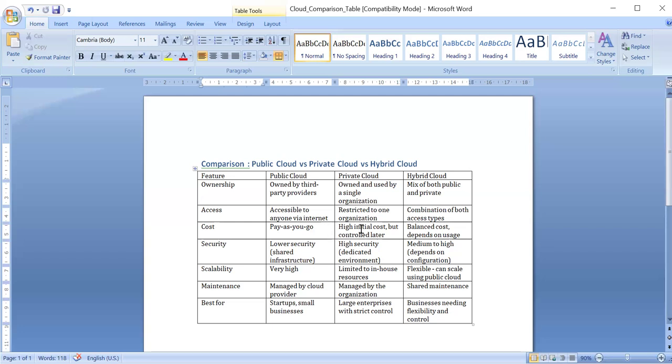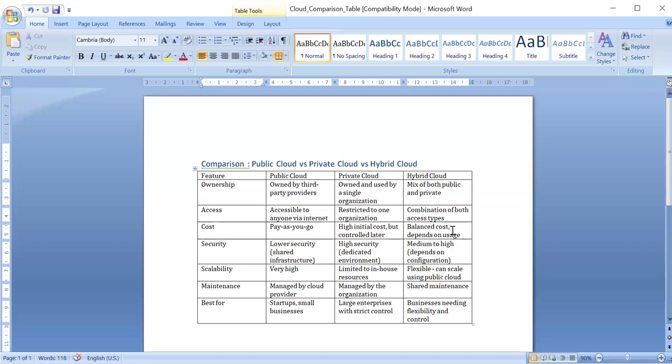The initial cost is very high, but it becomes cheaper over time. For large and consistent use, it becomes cheaper. But the initial cost is very high in a private cloud because you need to buy the infrastructure, everything.